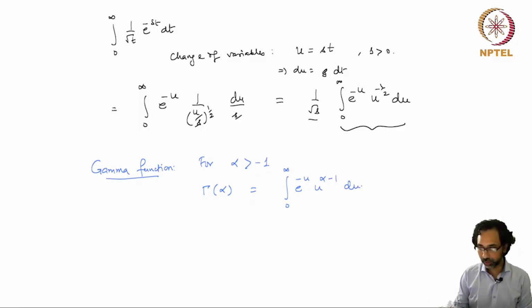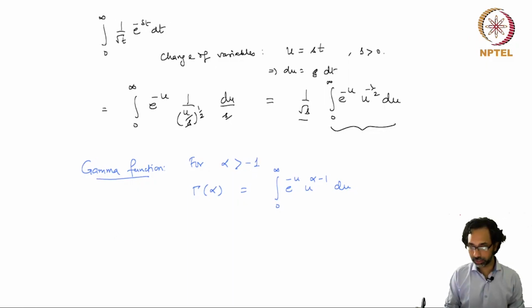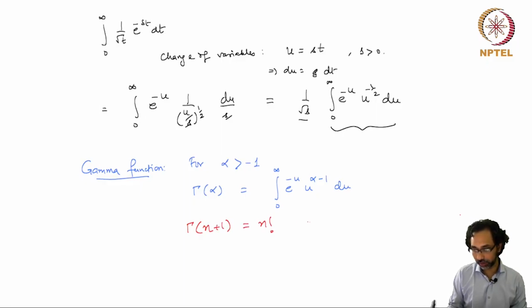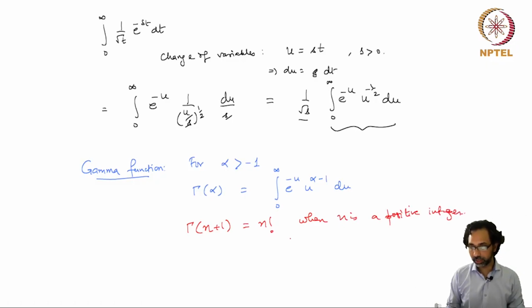So this is our gamma function, which is defined for alpha greater than minus 1, and those of you who have seen this gamma function before will know that gamma of n plus 1 is n factorial when n is a positive integer. So this function turns up in many places, and it's a useful function, and it falls in a class of special functions that are used. So here we have our gamma half.